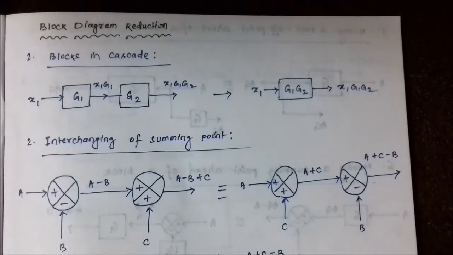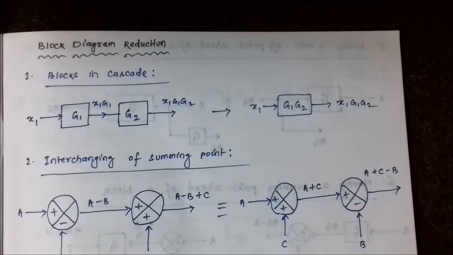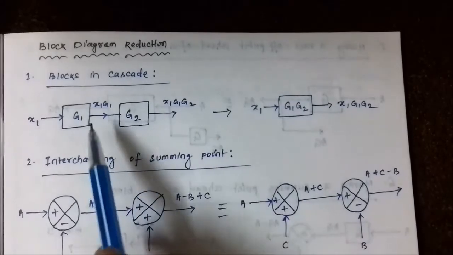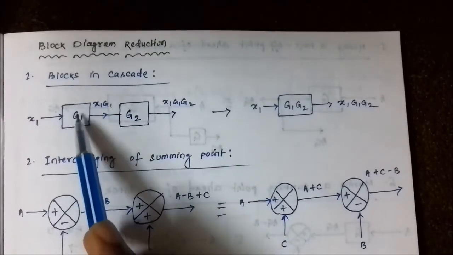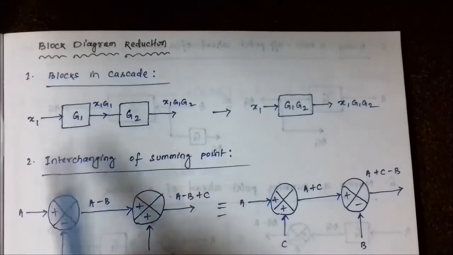Okay, so the first rule, the cascade block rule. When two or three or four, any number of blocks, are in cascade or in series. Here there are two blocks G1 and G2 which are in series.